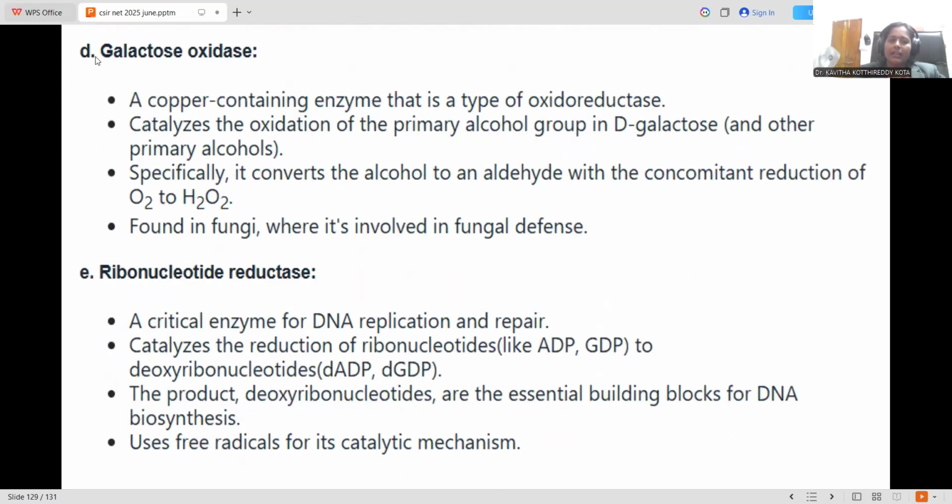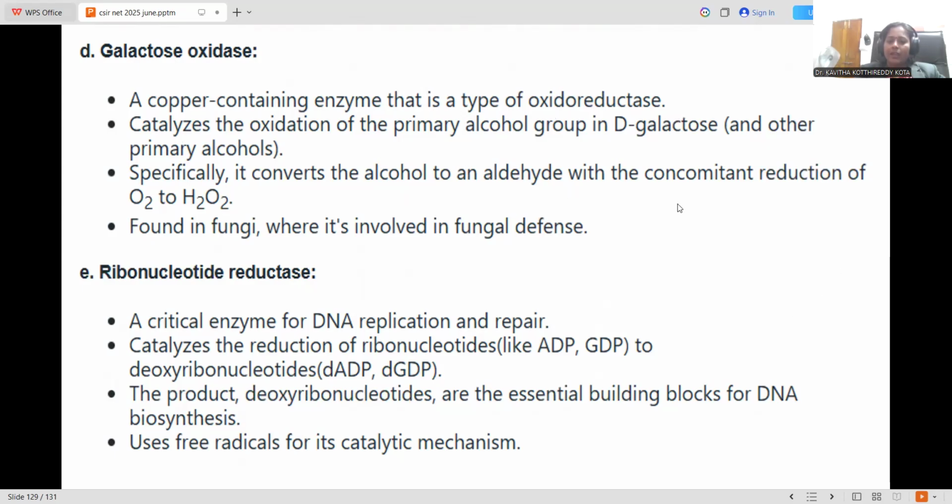Move on to D, galactose oxidase enzyme. It is a copper containing enzyme, a type of oxidoreductase enzyme. It catalyzes oxidation of primary alcohols, such as those in galactose. Other primary alcohols also get oxidized by this process. Specifically, it converts the alcohol into an aldehyde, right? Alcohol to aldehyde is the oxidation process.